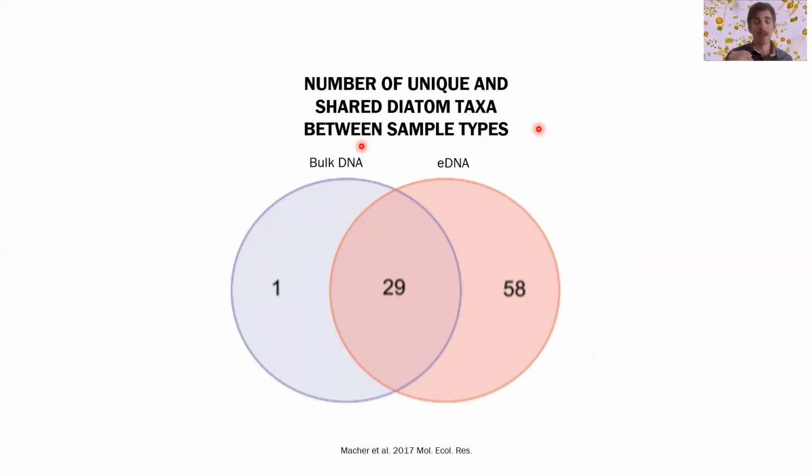So, bulk DNA versus eDNA in recovering taxa, or in the number of taxa. In this one study in stream biofilms in New Zealand, they found that bulk DNA and eDNA from the same streams on average had 29 of the same taxa, but bulk DNA only had 1 unique taxon, and eDNA had 58 unique taxa, showing that eDNA is integrating DNA and individuals from across the environment, whereas bulk DNA is more restricted to that biofilm alone.